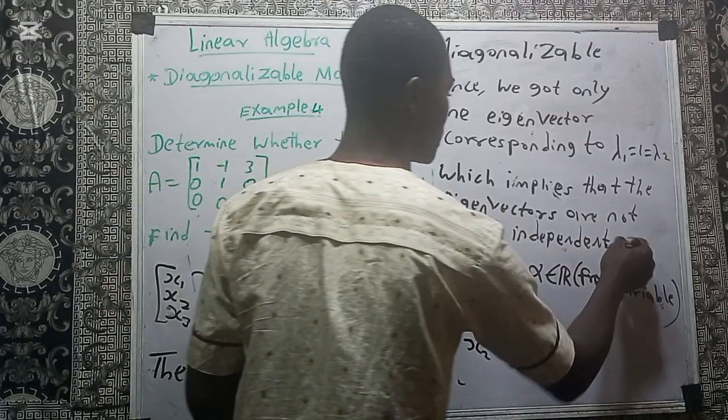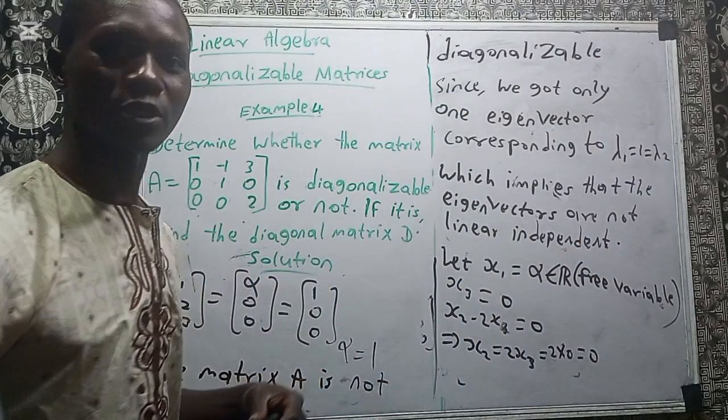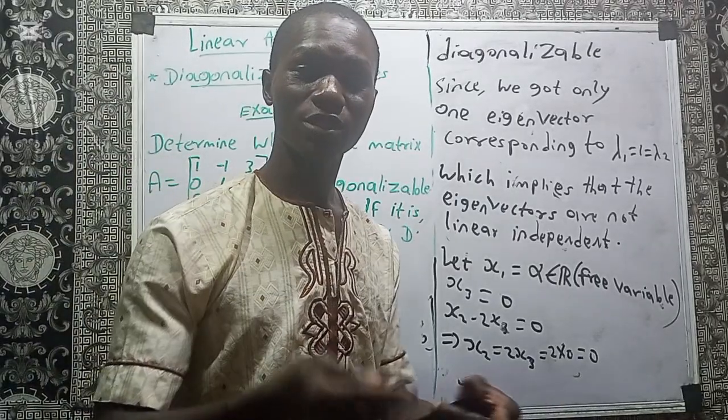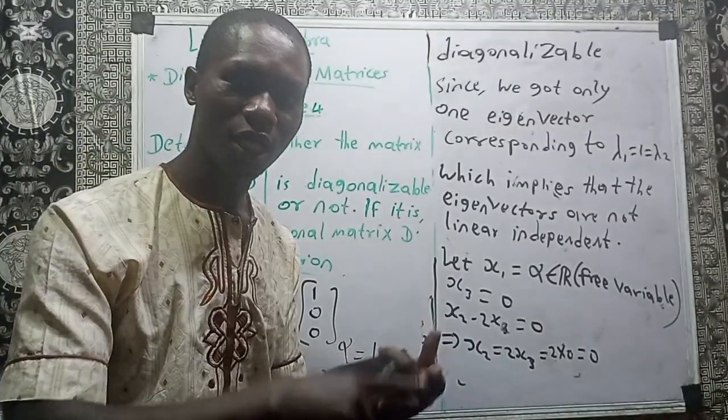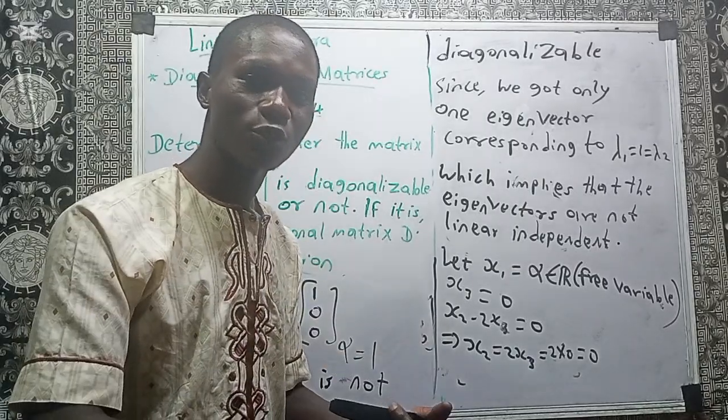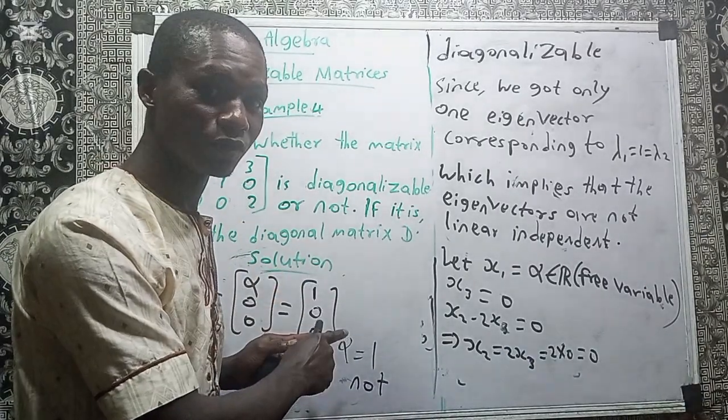So this is the simple meaning of it. The eigenvectors are not linearly independent. We got only one eigenvector for two lambdas. Lambda 1 is 1, lambda 2 is 1, and with only one eigenvector.